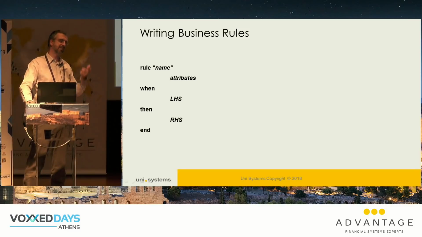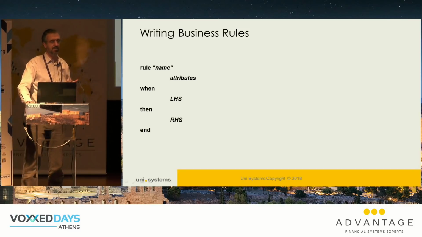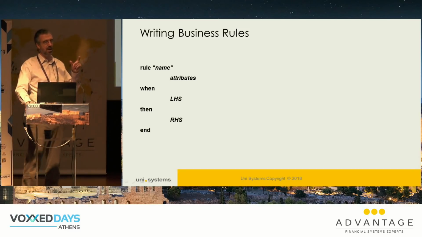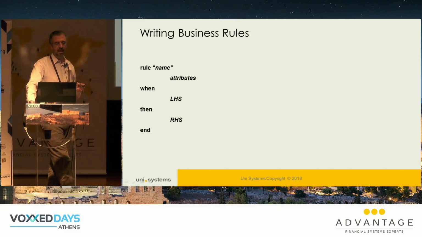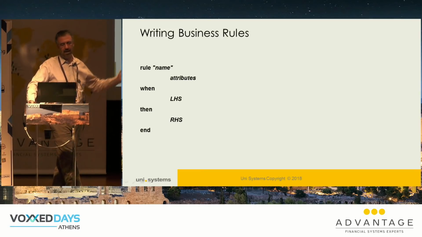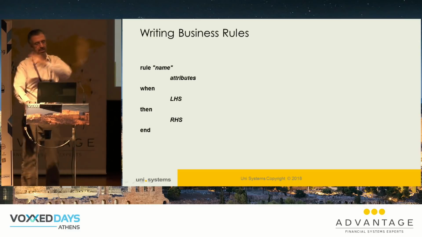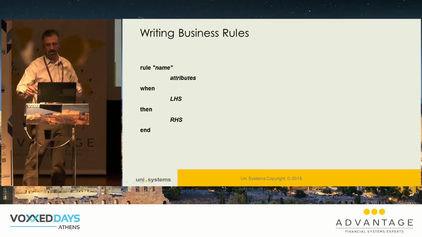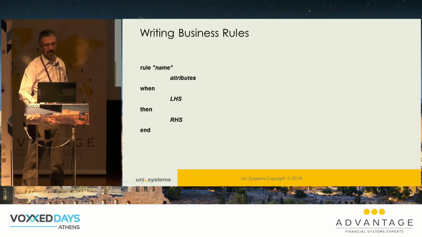It's like an if statement, but with no else. The fact that there is no else is very important. You have, for lack of a better word, the left-hand side, which is the if, and the right-hand side, which is what happens if the rule is satisfied.